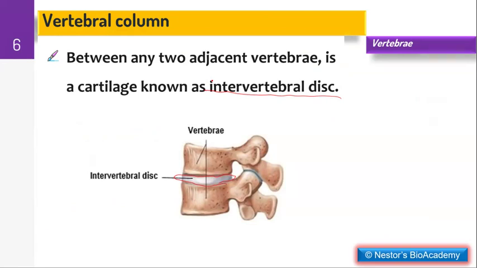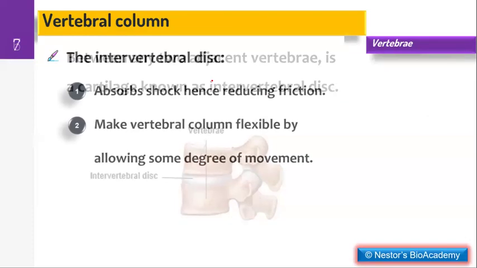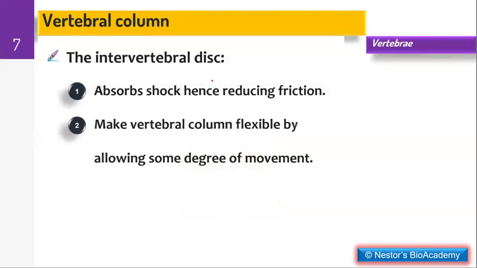So this intervertebral disc performs two main critical roles in the vertebral column, one being that the intervertebral disc absorbs shock, hence reducing friction, and at the same time also minimizes mechanical damage that can come as a result of some heavy trauma to the organism.